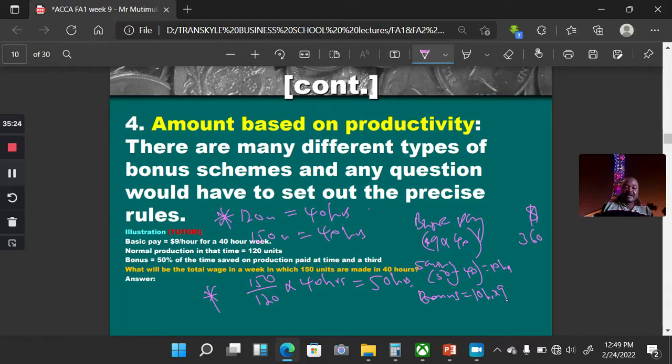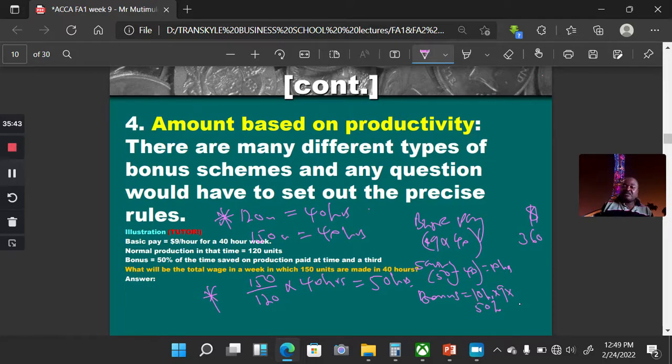Okay, $9 per hour. All right, 10 hours multiplied by $9 per hour. Okay, multiplied by 50%, because we're told bonus is equal to 50% of the time saved.